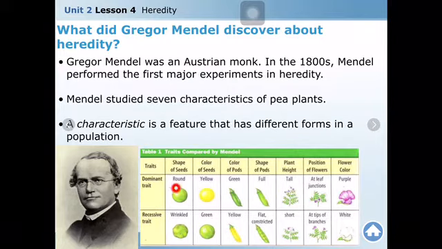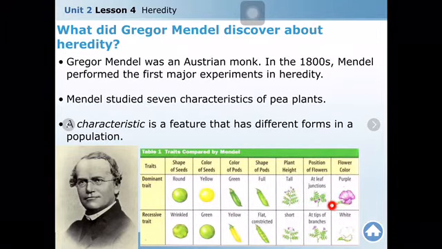But the life cycle of the pea plant, for example, is so short. That's why he was able to examine from one generation to the second what kind of traits are going and how they are transmitted.